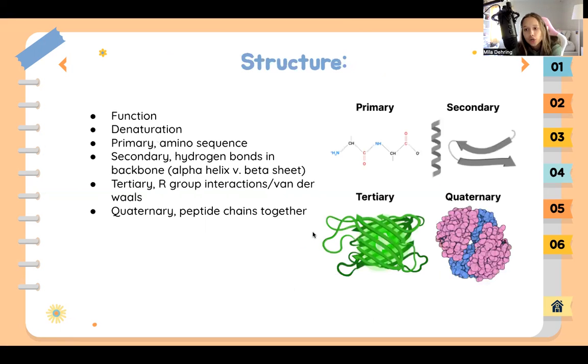The structure of amino acids, structure determines the function, just like everything else. If you mess up the structure of a protein, it won't lose its ability to function permanently. It'll just temporarily lose its function, and that's called denaturation.